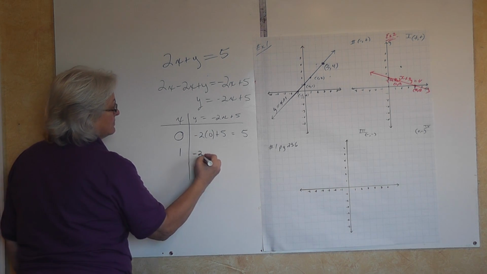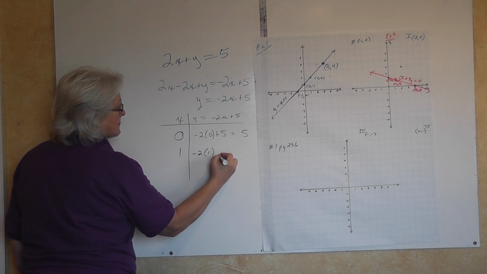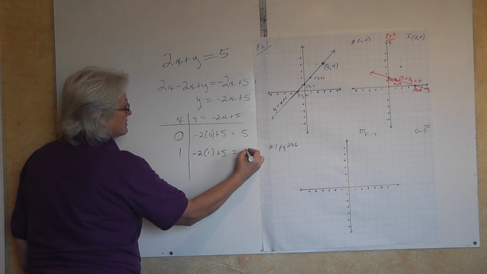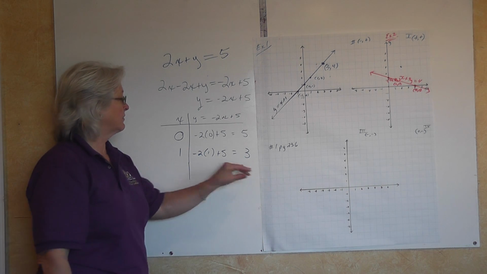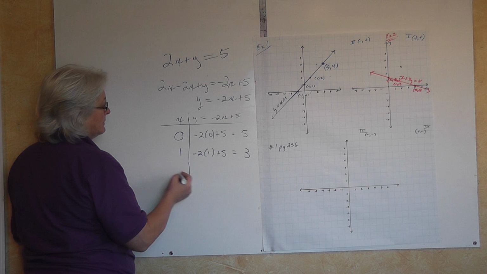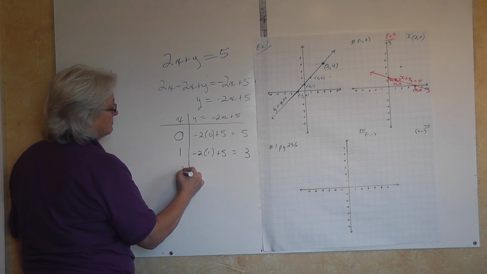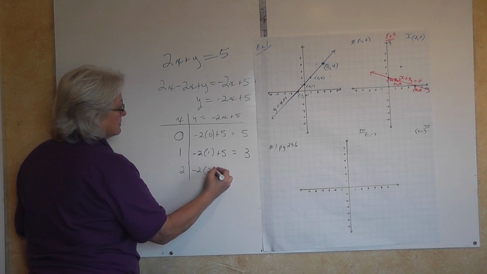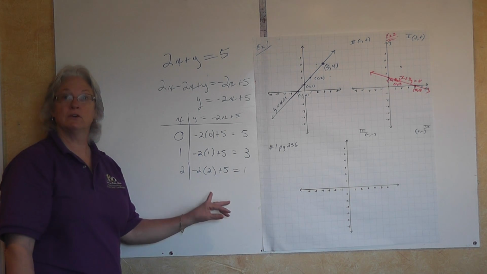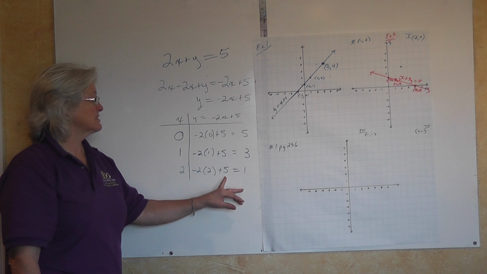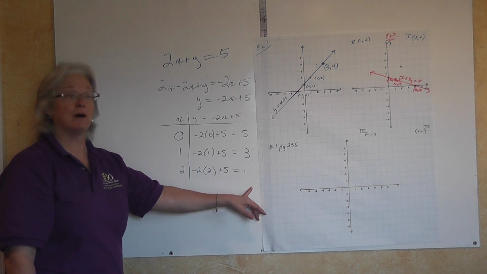I'm going to say negative 2 times 1 plus 5 is equal to 3. Negative 2 plus 5 is a positive 3. And now I'm going to pick an x value of 2. Negative 2 times 2 plus 5 is equal to 1. Negative 2 times 2 is negative 4 plus 5 gives me a y value of 1.